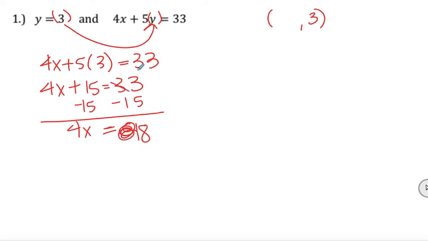So we got to borrow. And then 18 divided by 4, that does not go in evenly. I don't have a calculator with me, so we're going to do a little mental math, or algebra by hand. So that would go in 4 times, 2 left over, 4.5.